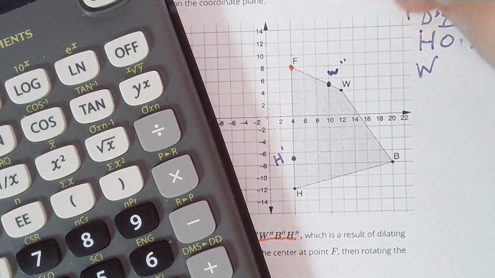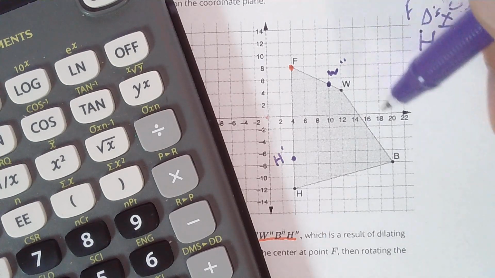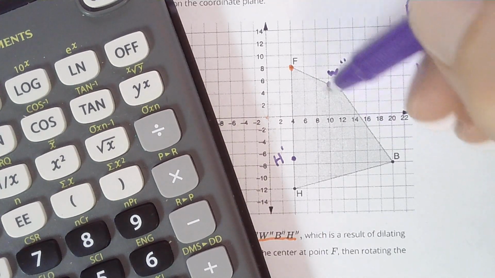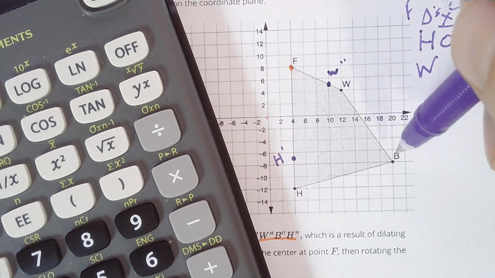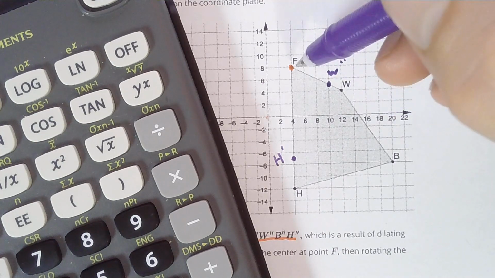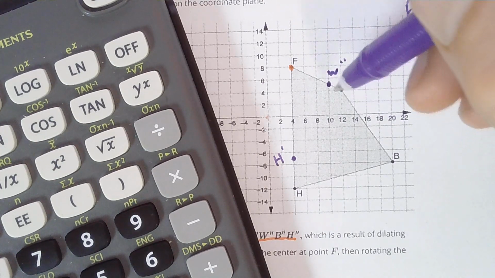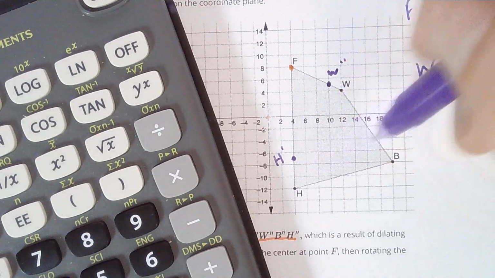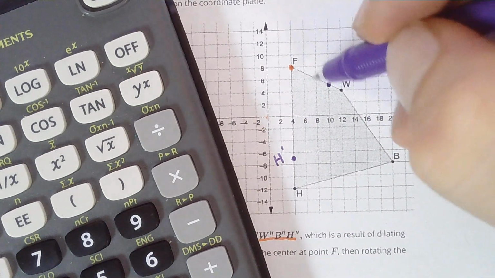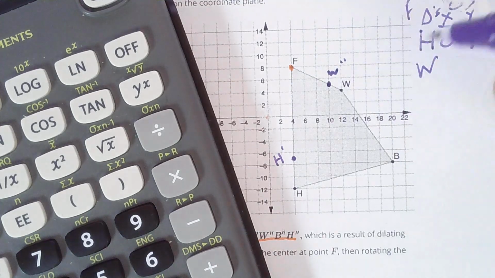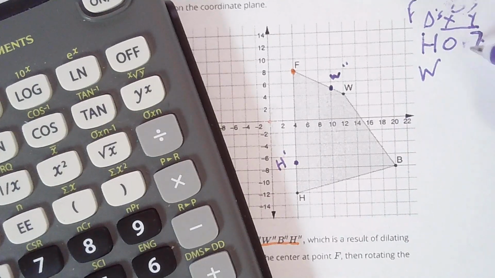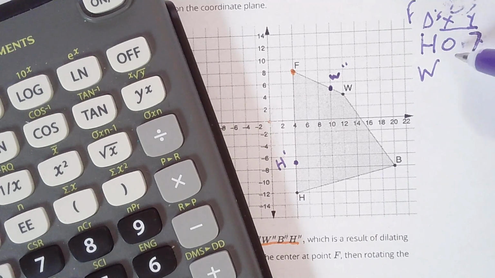Okay, now my next one is going to be my b value. Right, now my b value is going to be a little bit more challenging to determine, because it's going to be a factor of both my x and my y. I need to do both of them, because it's not connected directly to f. So I actually have to figure out my difference of both.